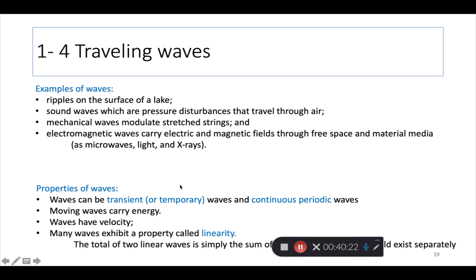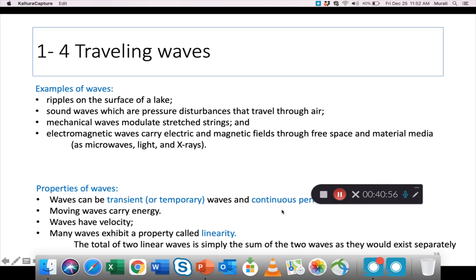Transient is you throw one stone slowly into a lake, the waves appear and then they disappear. But let's say you have a machine that's continuously rotating, like an alternating machine, a generator. The waves that it creates are continuous, they go on forever, right? So that's the difference between temporary and continuous. Waves carry energy, waves have velocity or speed. Waves also have the property of linearity, which means they satisfy superposition.